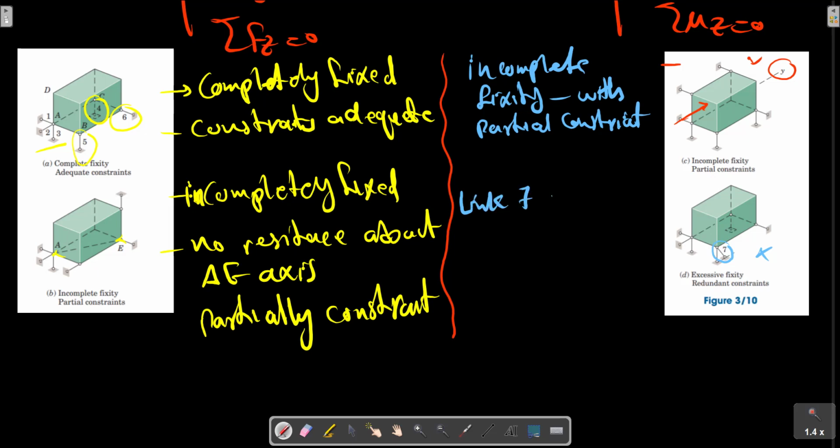The body would then be statically indeterminate.